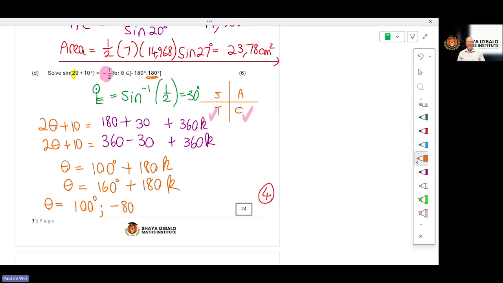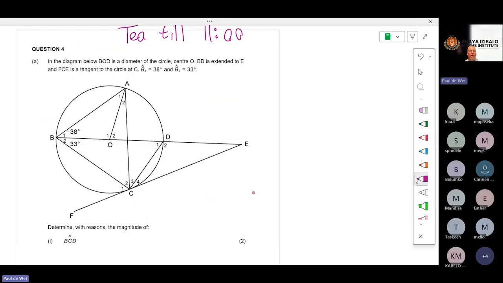Negative 80. All right. If I subtract another 180, I go outside of here. Here, K is 1. If K is 0, I get from this one, I get 160. And if K is minus 1, I get minus 20. And those are the only 4 answers.